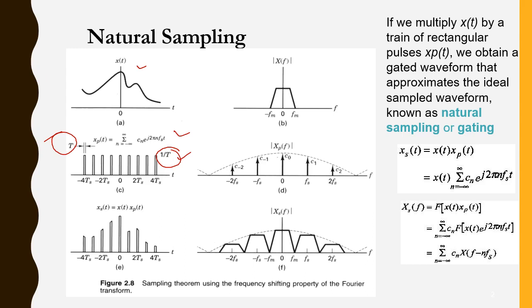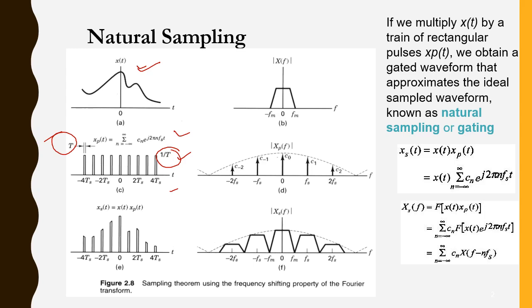Multiplication of the original signal x of t by the pulse train looks as if we are opening a switch and closing a switch for a particular duration of time.